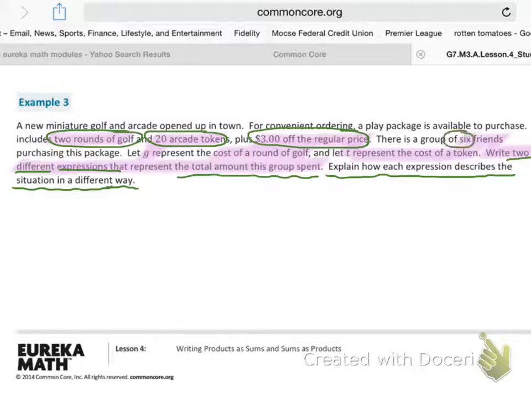There's 6 friends, and we're using the variable G for a round of golf, and T to represent the cost of a token. All right, so go ahead and write 2 equivalent expressions that can describe or represent the total amount this group spent.